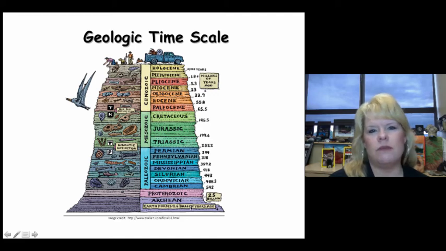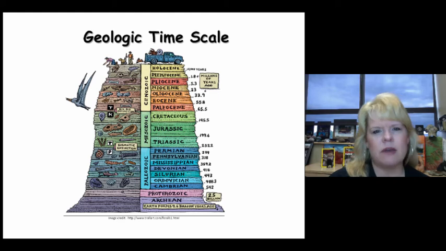There's actually a period of time prior to that, that is the earliest segment of the Earth's history that some geologists don't even recognize, since we don't have a rock record for it.